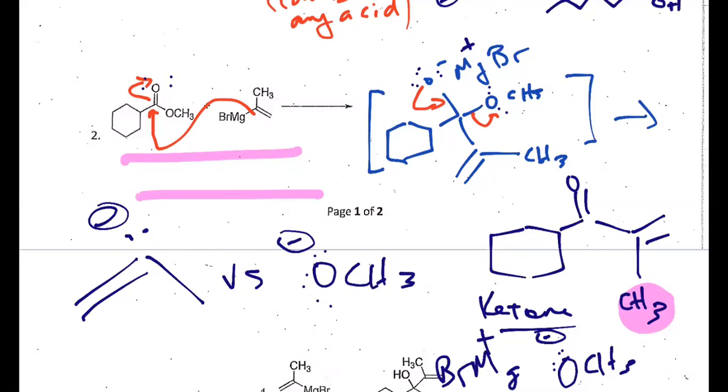It's either hybridization, induction, resonance, size, or electronegativity, right? So when you look at the oxygen and the sp2 hybridized carbon, oxygen is more electronegative for one, and it's slightly larger. But the sp2 carbon, I'm going to show you why this is bad, right? One of the ways to spread out charge is resonance, right?